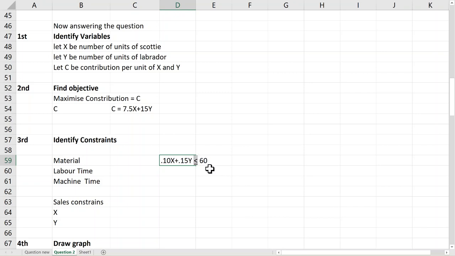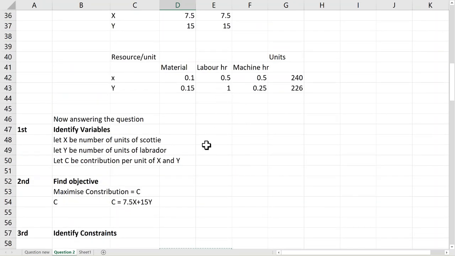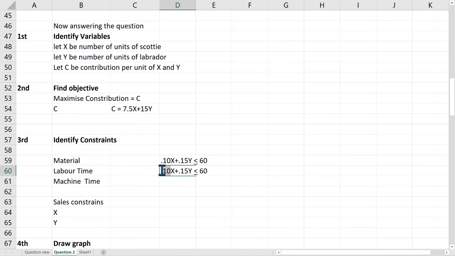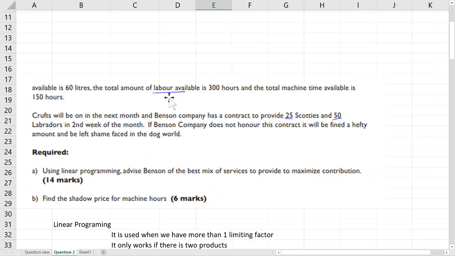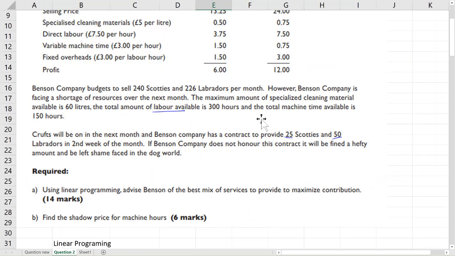We do the same for the other three resources. Next is labor time, which is 0.50 and 1, and can be less than or equal to 300 hours.